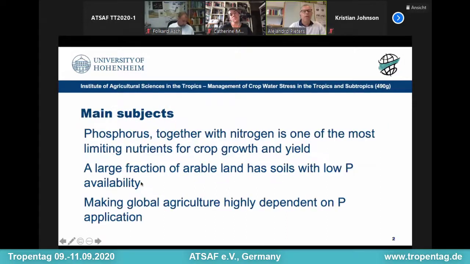So what I will start with is a short introduction, because phosphorus, as we all know, together with nitrogen, is one of the most limiting nutrients for crop growth and yield. And also a large fraction of arable land has soils with low phosphorus availability, which makes agriculture highly dependent on phosphorus application.